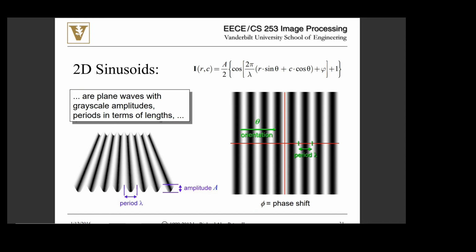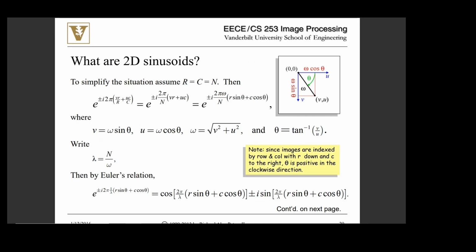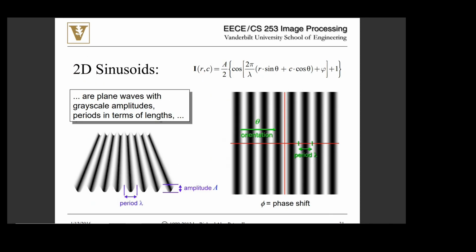You can also, we defined lambda before. Lambda was this ratio, and omega was just the polar radius of our indexes. The meaning of lambda is the distance in space between a couple of maxima, or between a couple of equivalent points.